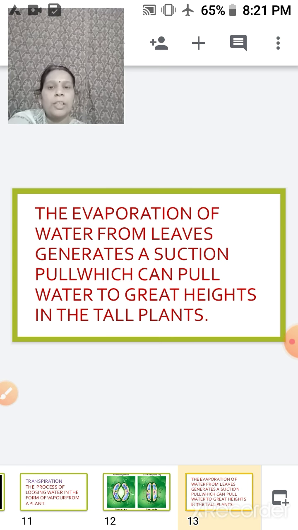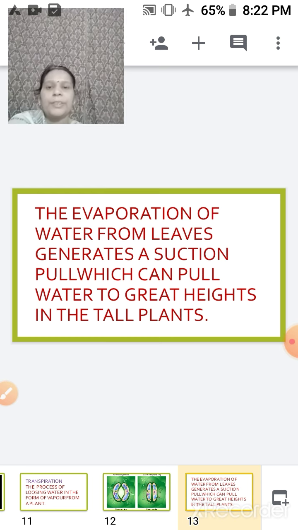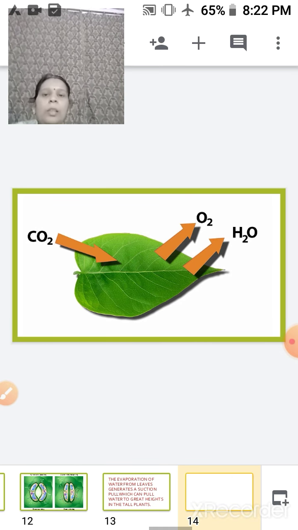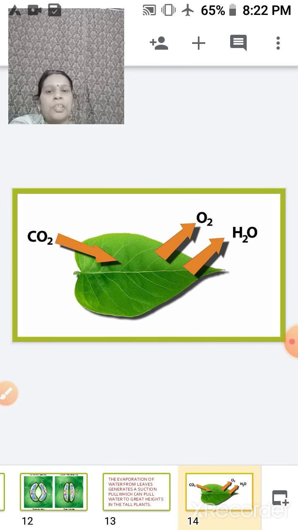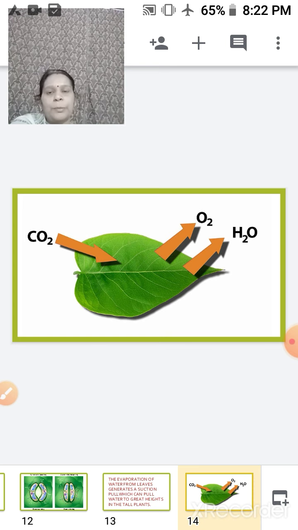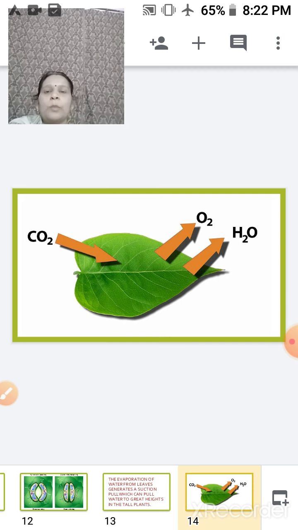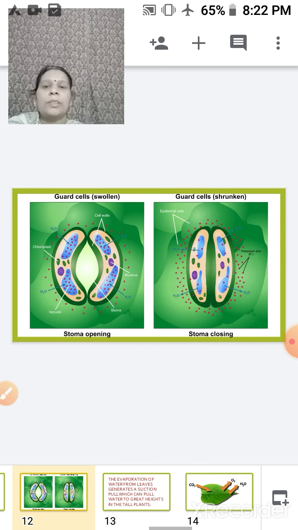So here the water is transported with the help of the suction pull that is created. Here again, the process of transpiration is taking place, during which carbon dioxide is being taken up by the leaves and oxygen and water molecules are removed.